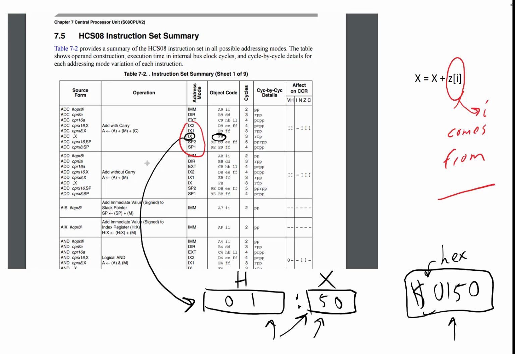So this little object code F9 up here, you'll notice this is shorter than any other command that we've covered so far. Because what it's doing is saying go out there and check the HX register, see what address that points to, and then add whatever's in that location to the accumulator. There's nothing else to know. You just need to know that the HX register exists and check its current value.